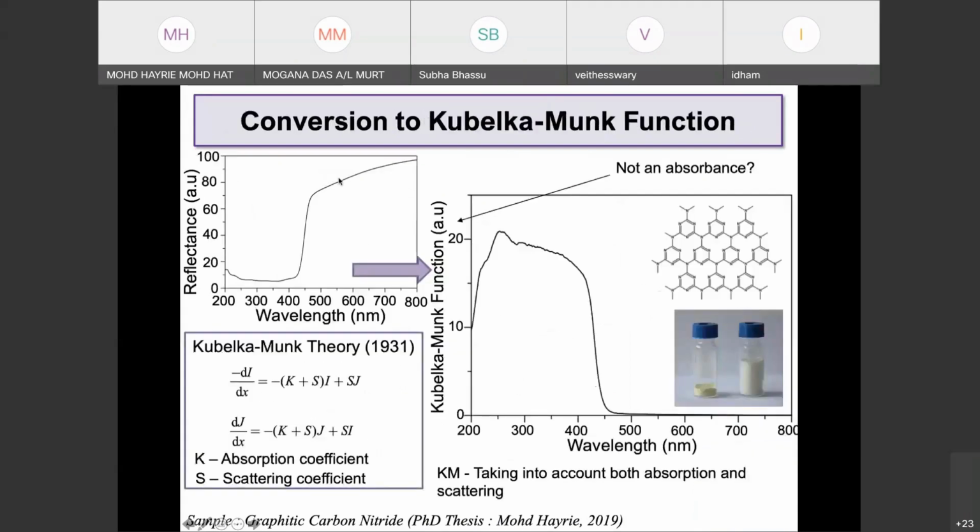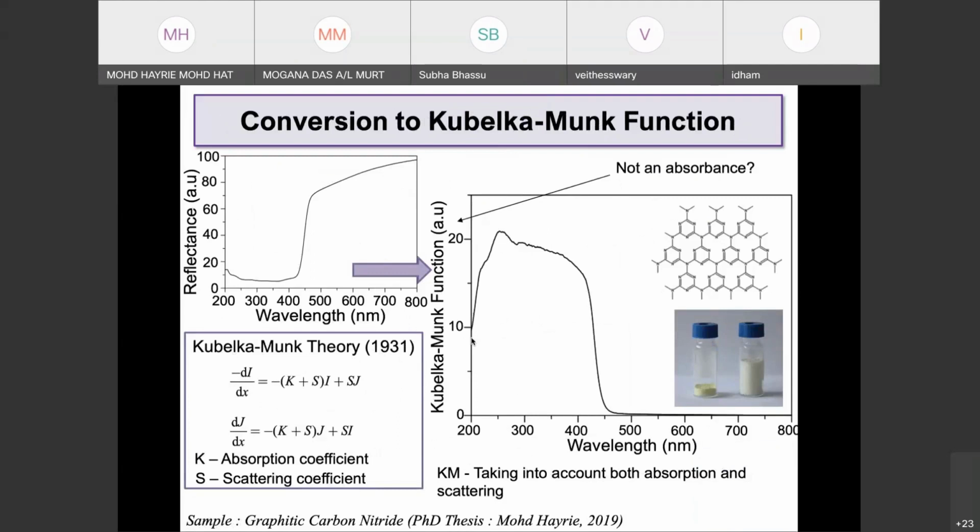You need to convert the spectral diagram from reflectance to the Kubelka-Munk function, depending on how you pronounce it. It is based on the Kubelka-Munk theory from 1931, because it accounts for both the absorption and the light scattering effect. That's why we have to convert to Kubelka-Munk, in order to get more accurate data.